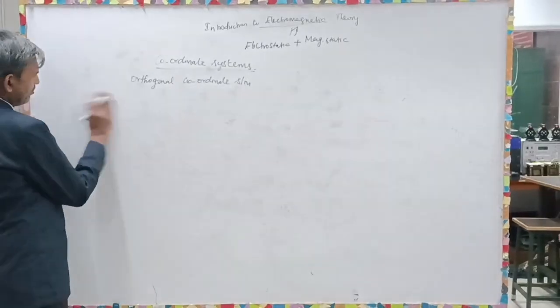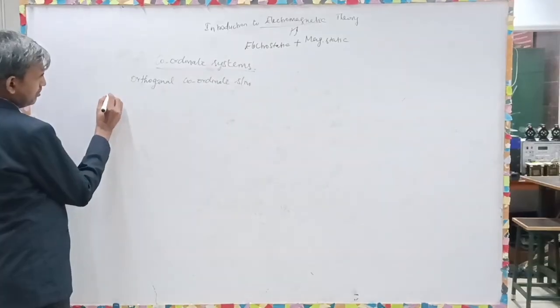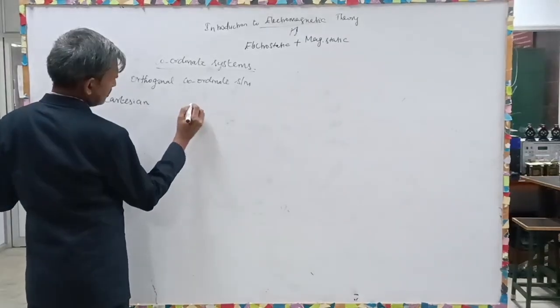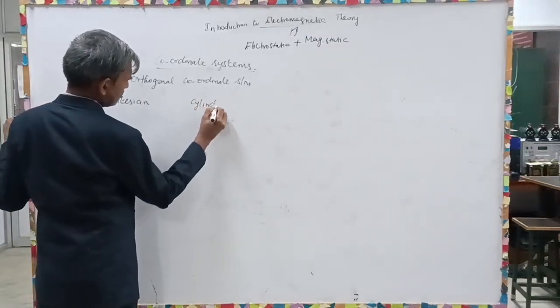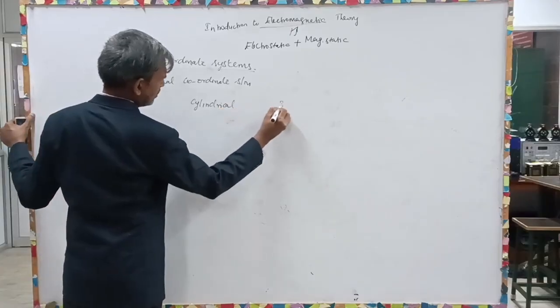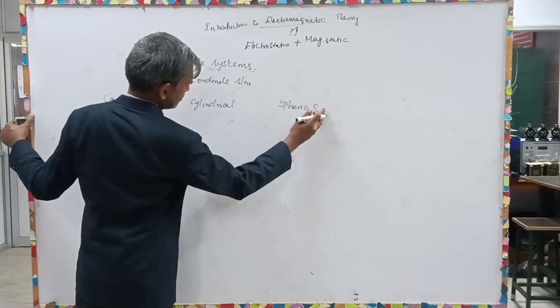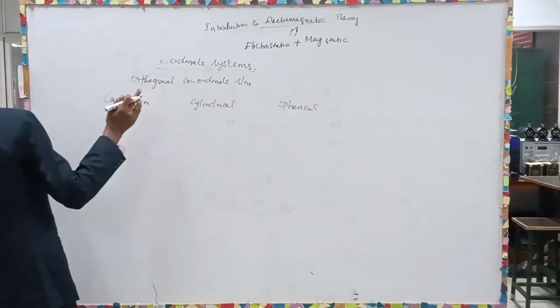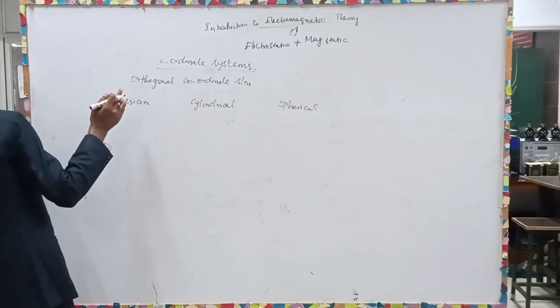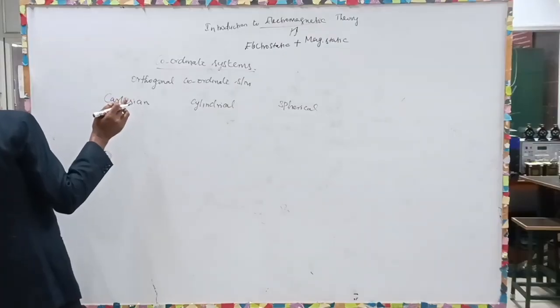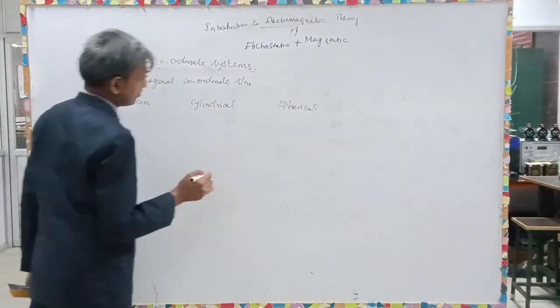For example, we have Cartesian, cylindrical and spherical coordinate system.